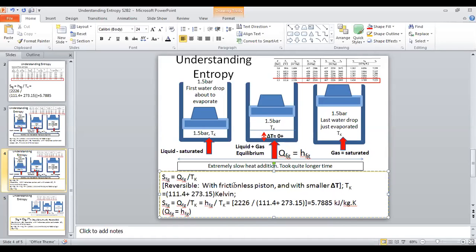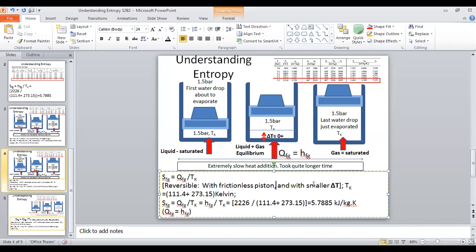Frictionless piston means if there is a piston with friction, it affects the system. And with smaller delta T means this heat transfer is reversible, which means if you add a little heat, in the same way if you reverse the heat, it will come back to the previous original position.